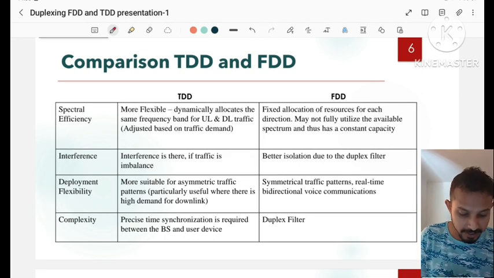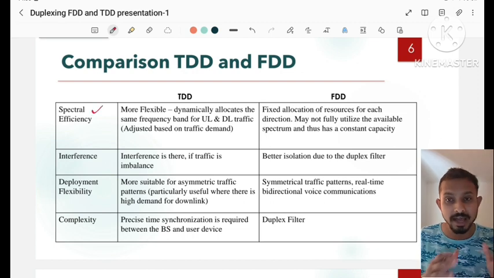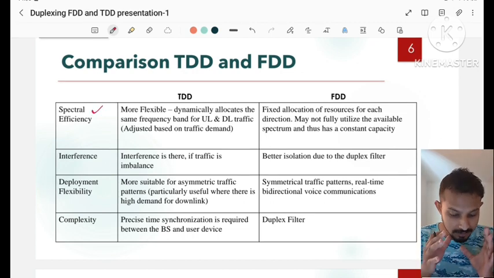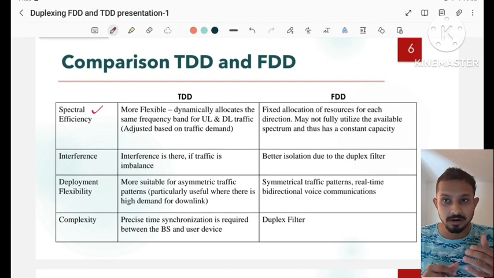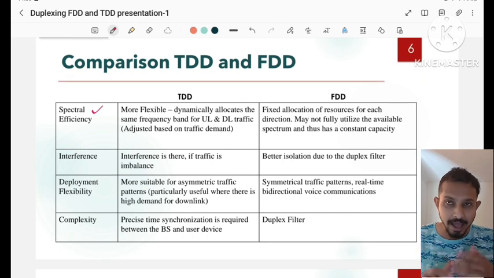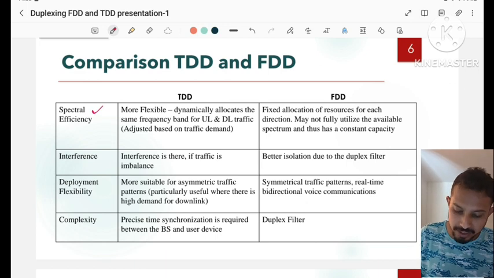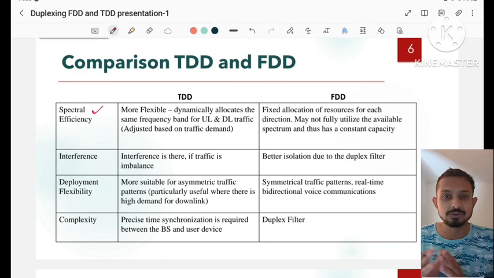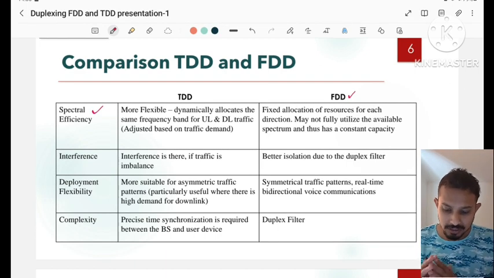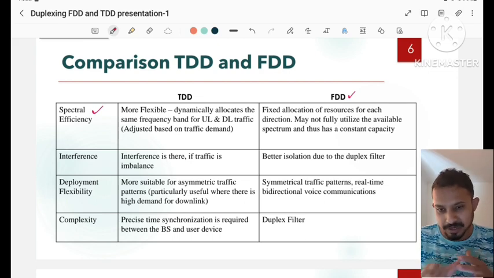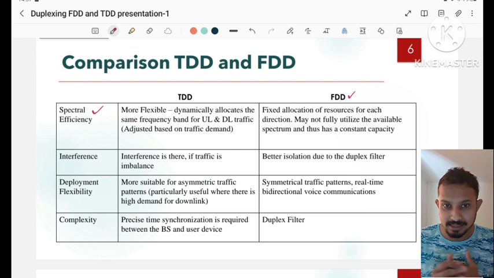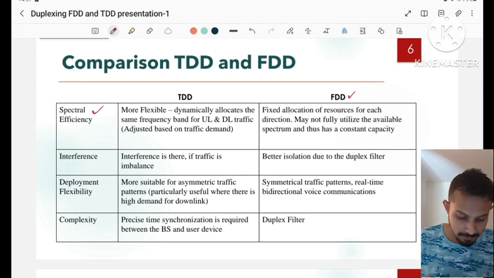If we consider spectral efficiency, time division duplexing is more flexible because it dynamically allocates the same frequency band for uplink and downlink transmission and can be adjusted based on the traffic demand. FDD is a fixed allocation of resources for each direction, so it may not completely utilize the available spectrum and has a constant capacity.